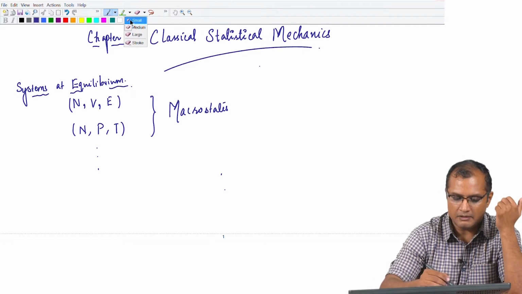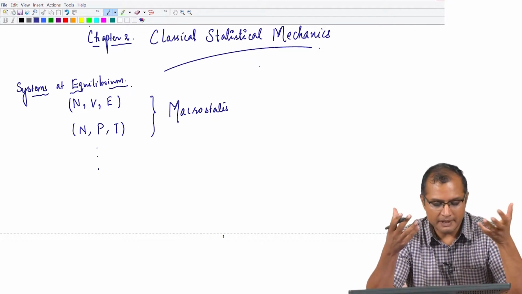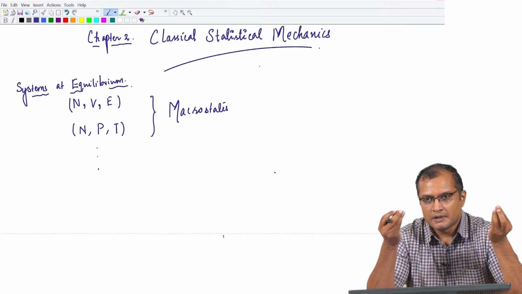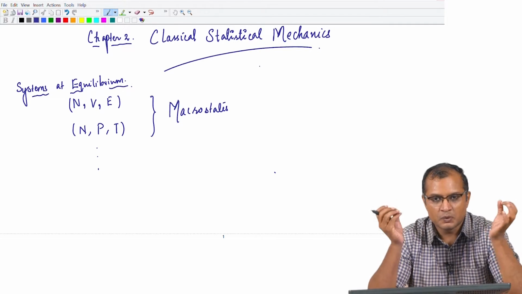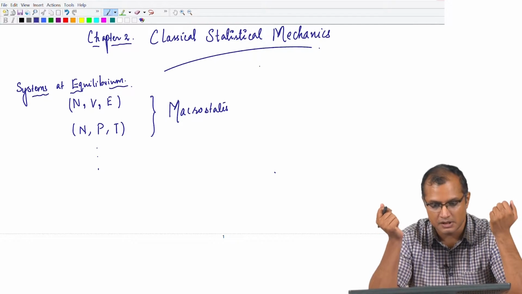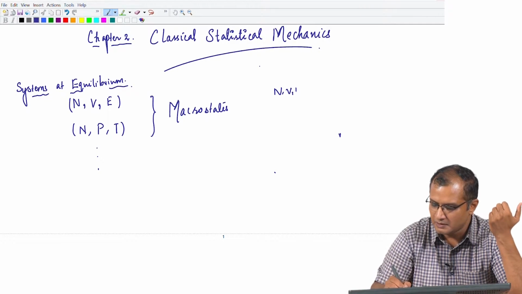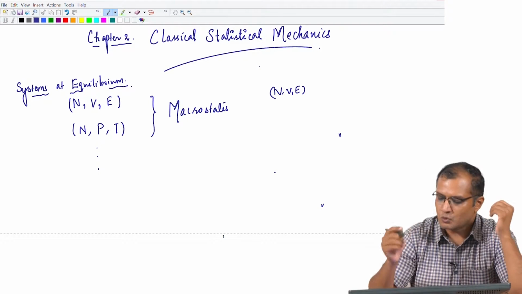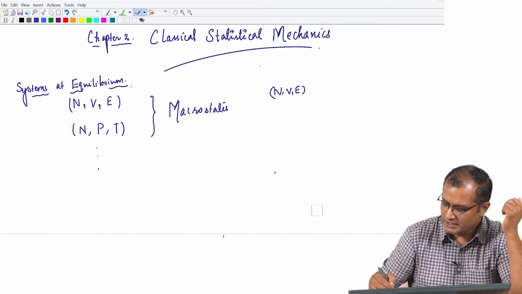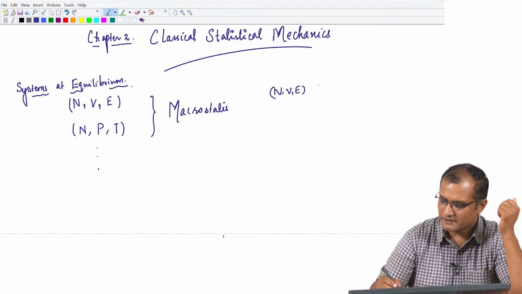Okay. And a macro state by itself is basically a characterization of the system with a very small number of variables. As you can see, in each macro state I have taken only 3 variables, but a given macro state, for example NVE, which means if I take this room at a given value of N, V and E, then you can classify the system.